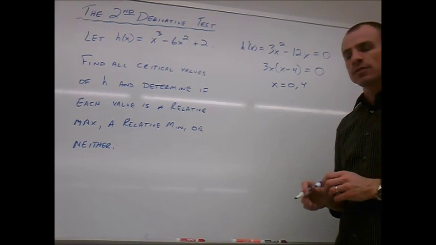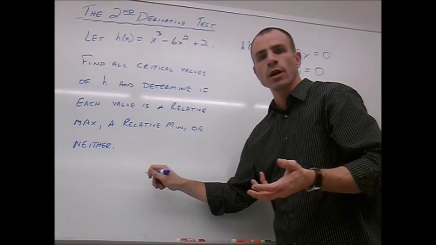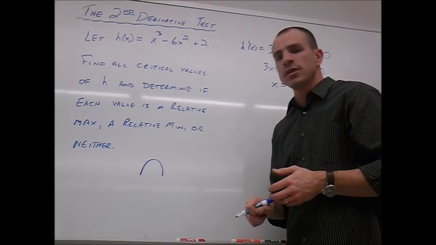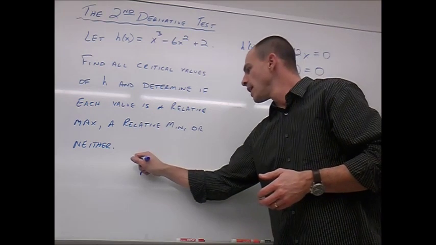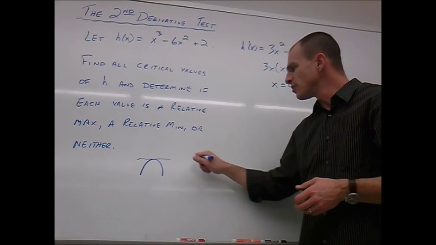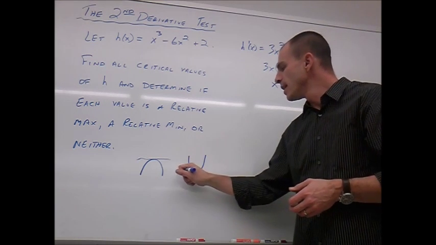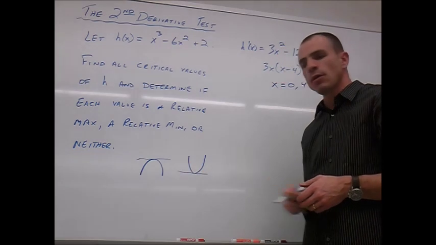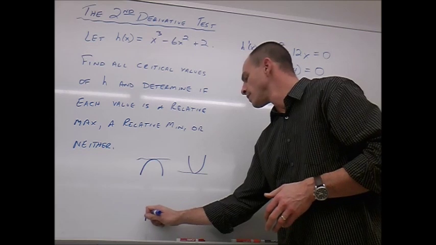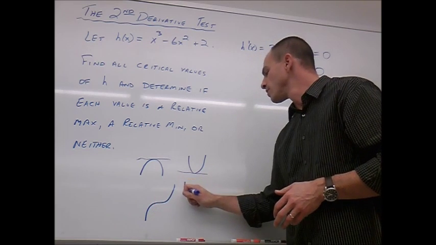If there are horizontal tangent lines going on, this is going to be one of 3 cases. Case number 1 is a situation like this, where we have a hill, and at the top of the hill, we have ourselves a horizontal tangent line. Case number 2, we have ourselves a valley, and at the bottom of the valley is a horizontal tangent line. And then case number 3 has multiple versions. It can look like so, or it could look like so.